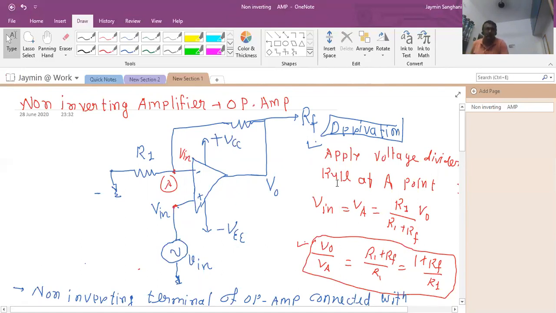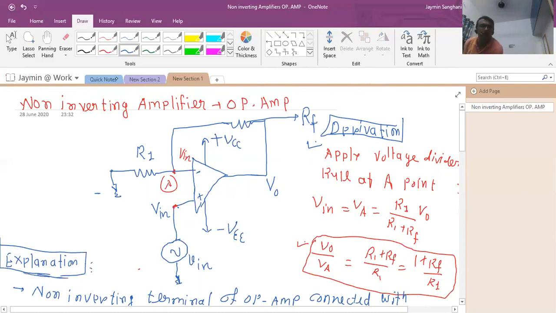So it is the derivation, and here it is known as explanation.